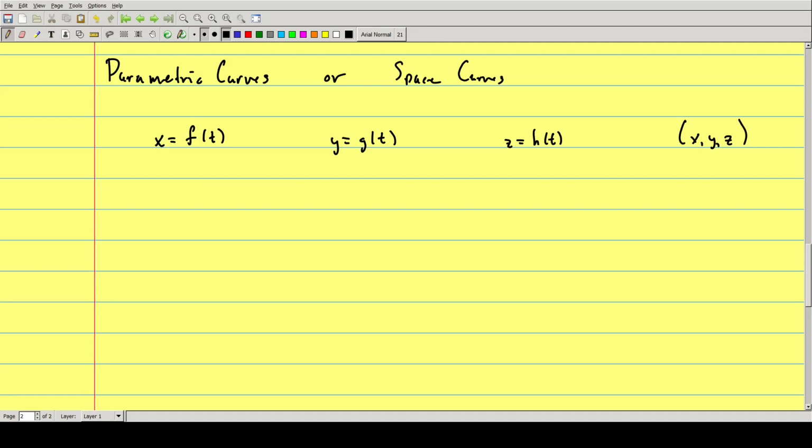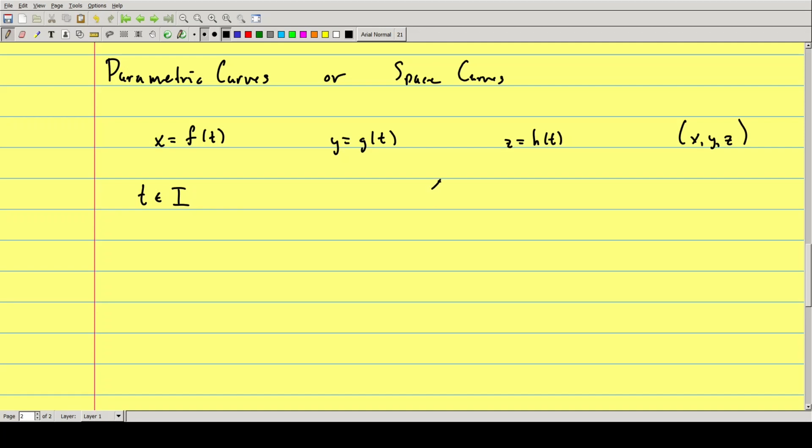Okay, so the idea is that t is going to be in some interval. Okay, and then we allow t to increase from the left part of the interval to the right part of the interval, and then the set of all ordered triples that we generate by allowing t to move through the set of values in the interval gives us a collection of ordered triples, and that collection of ordered triples is the space curve.